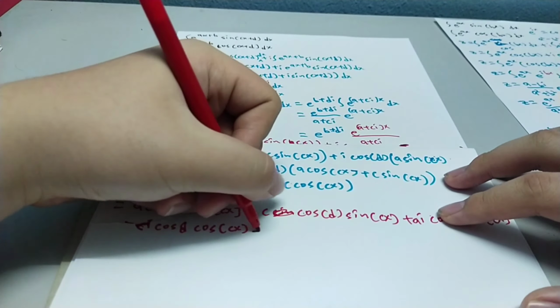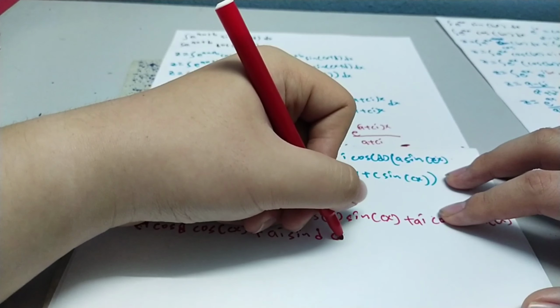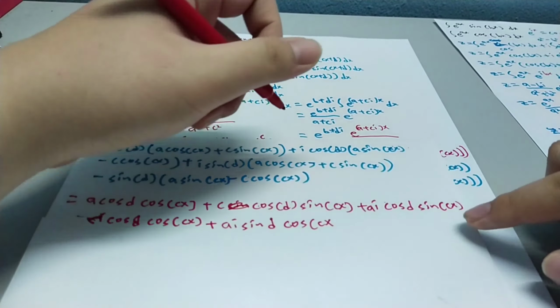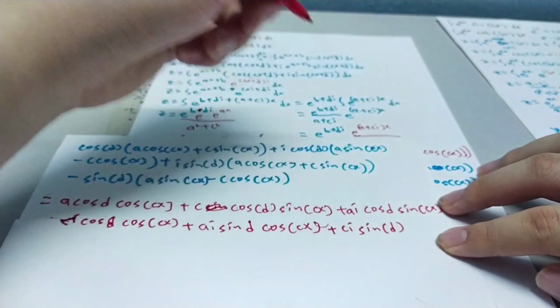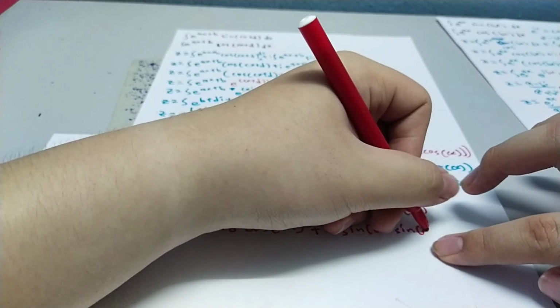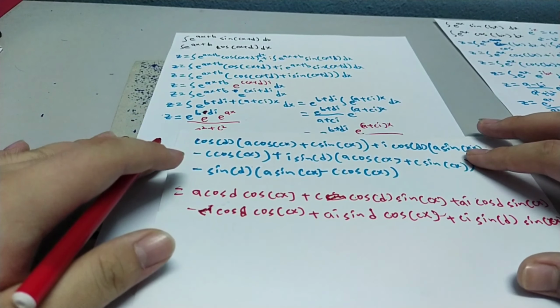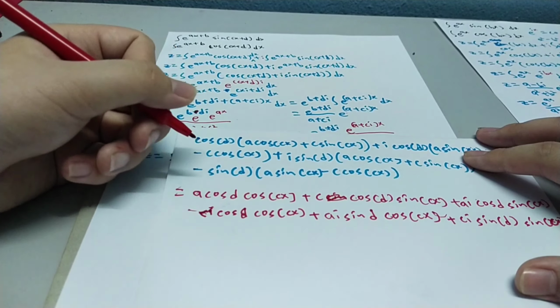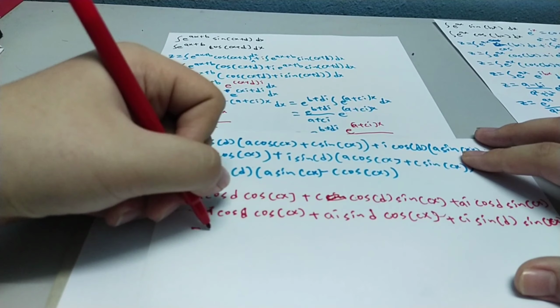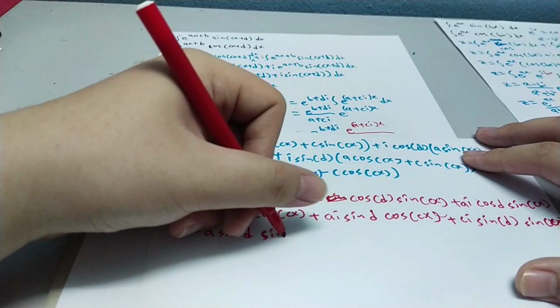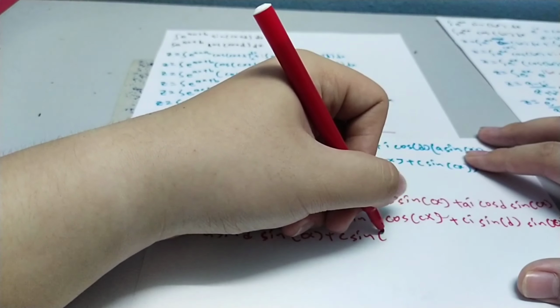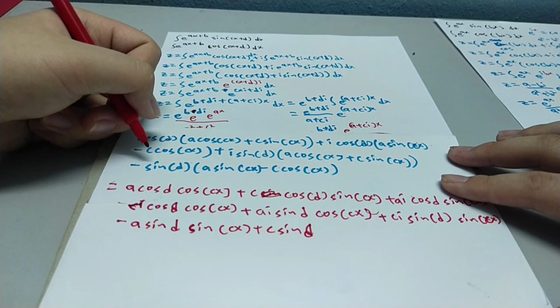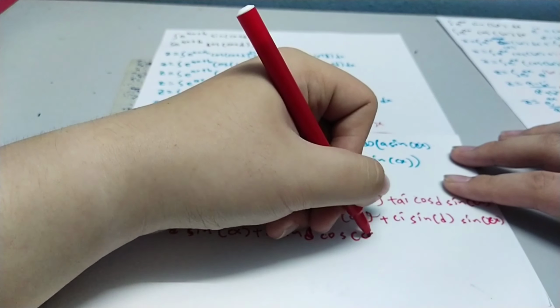Plus ai times sine of d times cosine of cx, plus ci times sine of d times sine of cx, and then finally minus a times sine of d times sine of cx plus c times sine of d times cosine of cx.